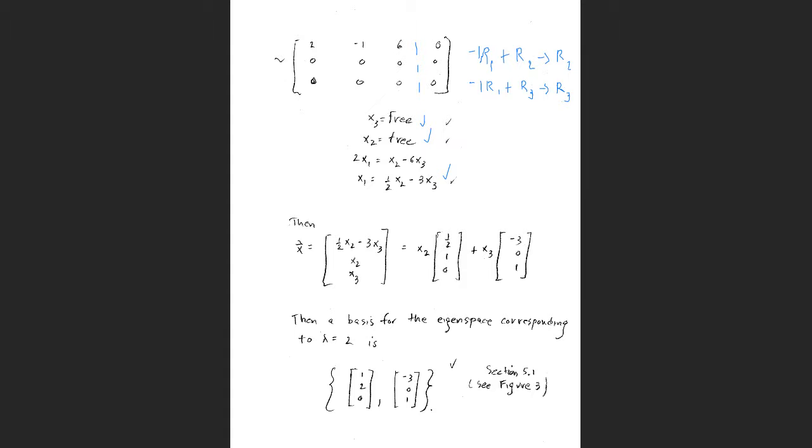And so what I do is I write my eigenvector X in parametric vector form, so that I can identify the basis for my eigenspace.